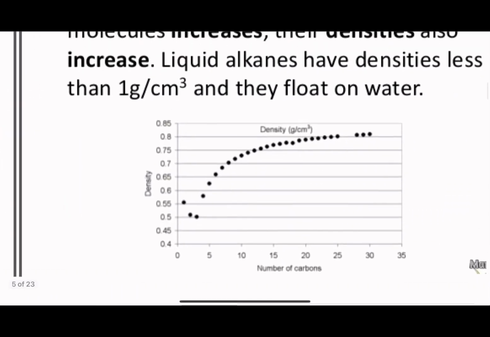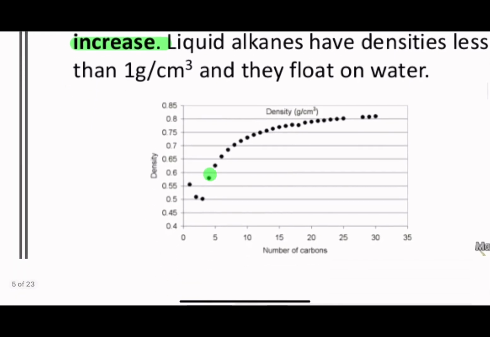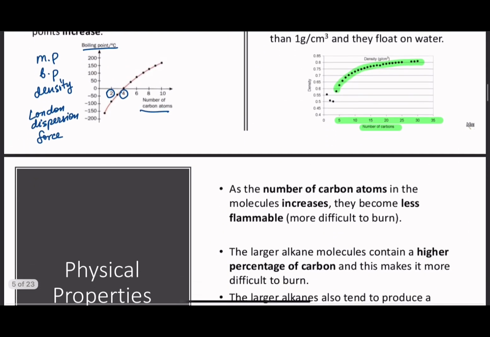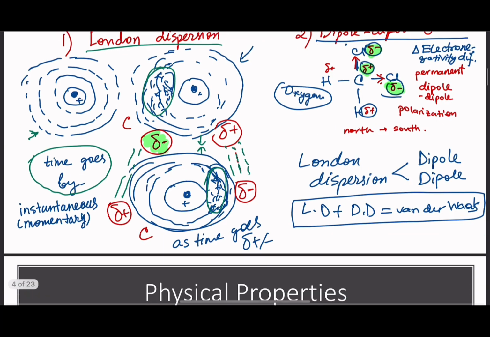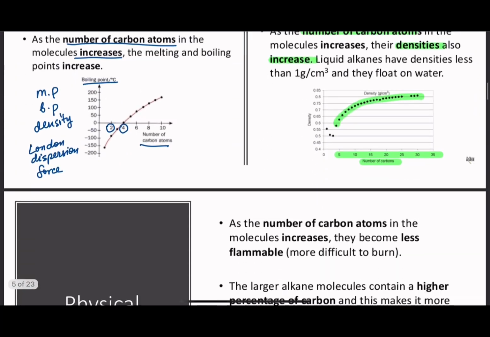The same thing happens with the density. As the number of carbon atoms increases, their densities also increase. Because a liquid has a higher density than a gas, and a solid higher than a liquid. Everything is related in this case.